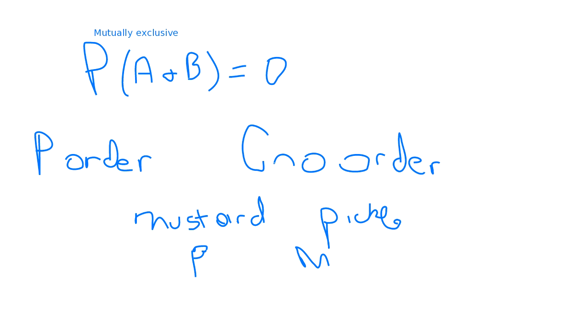What you do is you make up an example like this and ask yourself, does that really matter? This does not matter. So we say that these two things are the same. Whether you do mustard, pickle, or pickle, mustard, same thing. So this would be a combination, no order.